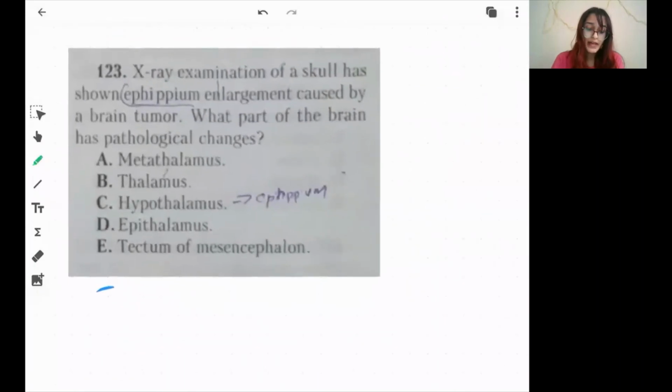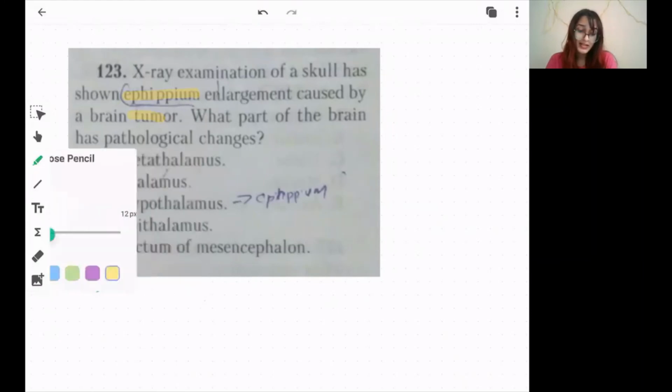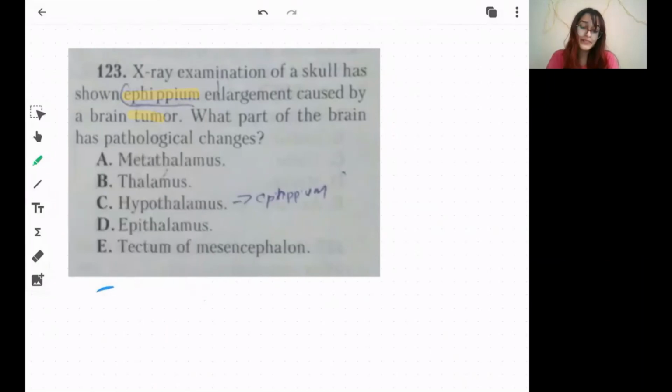Next question. X-ray examination of skull has shown epiphyseal enlargement caused by a brain tumor. What part of brain has pathological changes? So this is basically talking about the hypophyseal fossa in the sphenoid bone.